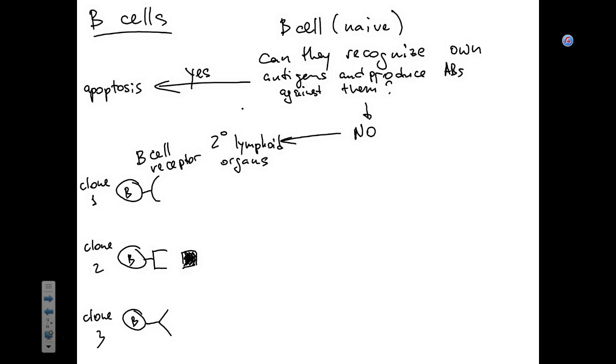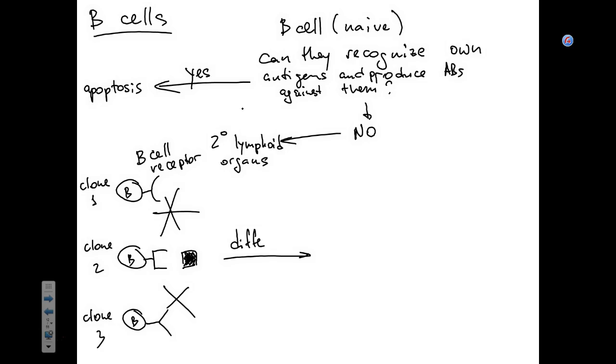Which clone is going to recognize that antigen? Clone 2, right? So these guys, there will be no interaction here. Okay? Only clone 2 will recognize it. And then there are 2 things that happen to B cell clone that recognizes the antigen.